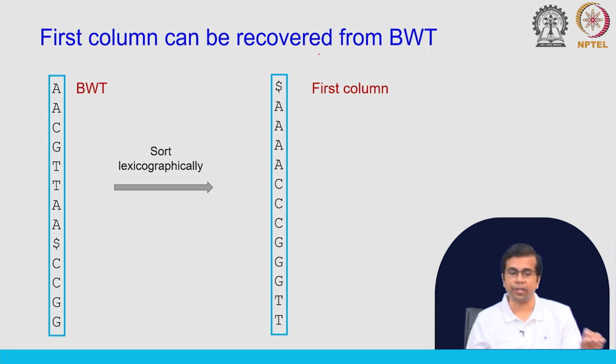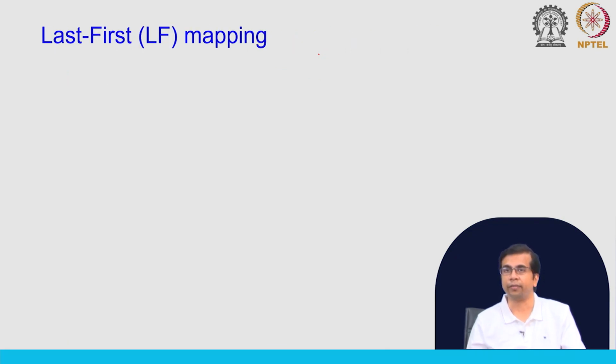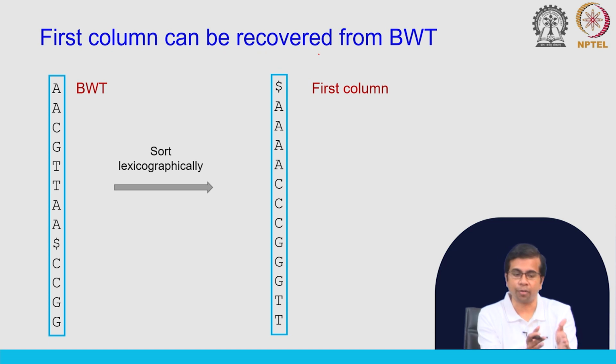Just by sorting this BWT, you can generate the first column, and you can match this against the matrix. This information is very helpful, because if you store this information along with positions in a file, when you are running this program, you can generate the first column.